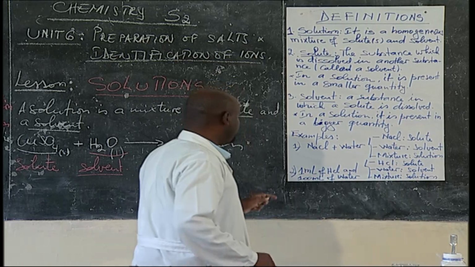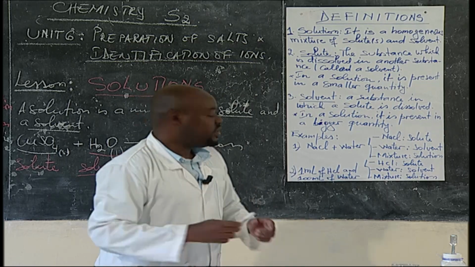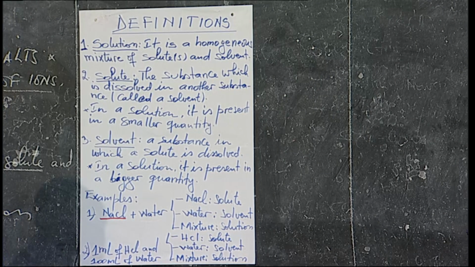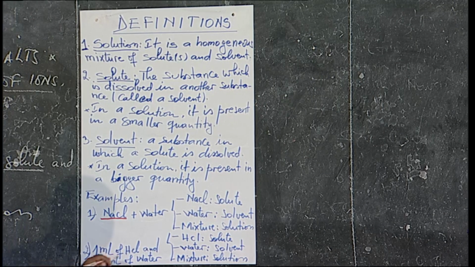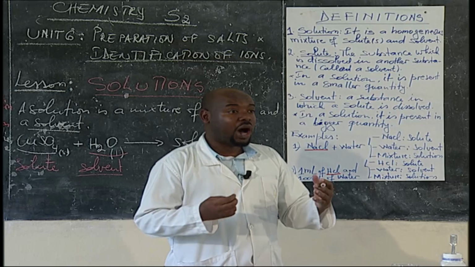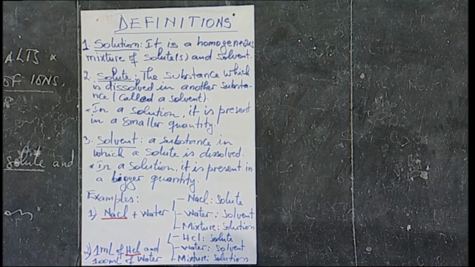Here I have used different examples to show you that it is possible to have a solid solute or a liquid solute. And it is also possible to have a gaseous solute. Clear?